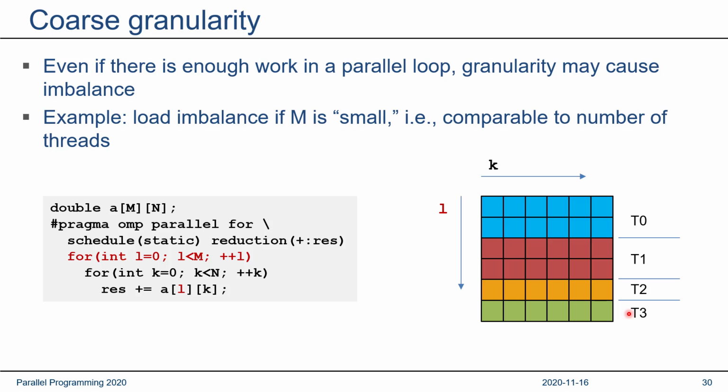So this is a severe load imbalance. Not every thread has the same amount of work. Now, it's not that there's not enough work in this loop. We could find a way to distribute the work more evenly across threads if we only could extend the parallelism from the first loop to both loops.